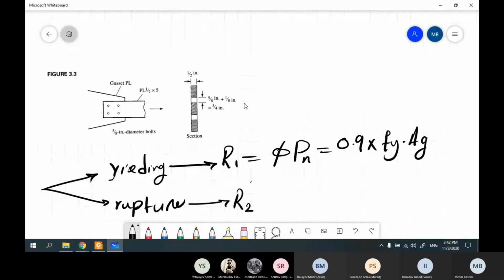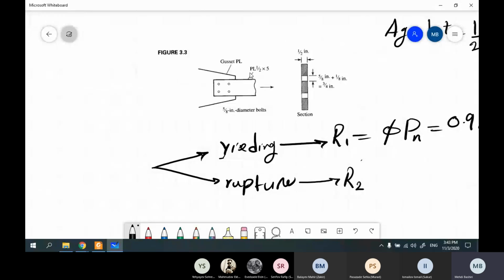Who knows what Ag is? Maher, do you know? Area of gross. Gross area, what's the value? You mean the formula? No, the value. I told you it's B times T. What is B and what is T here? 1 over 2 inch. Yes.